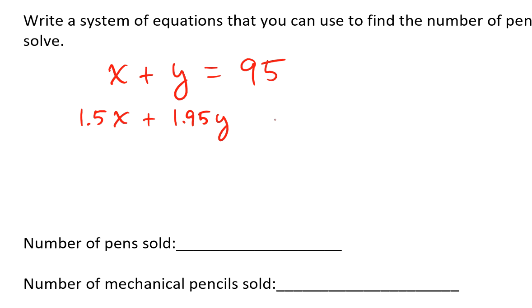They were the more expensive item. So $1.95 times Y is how much money was generated from the mechanical pencils. And together, if I go back up and look at it, that was $171.75. So this is the system of equations I have.